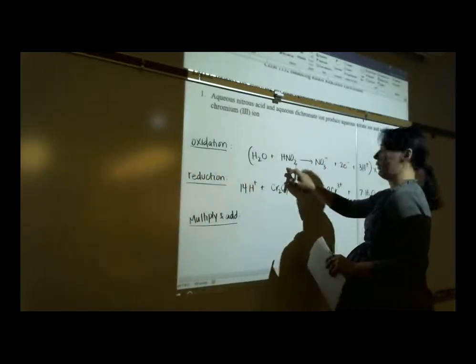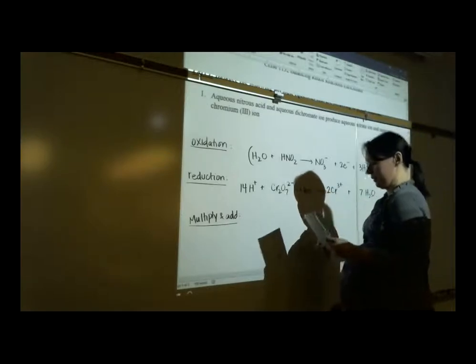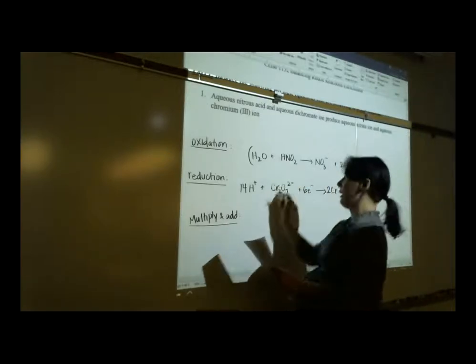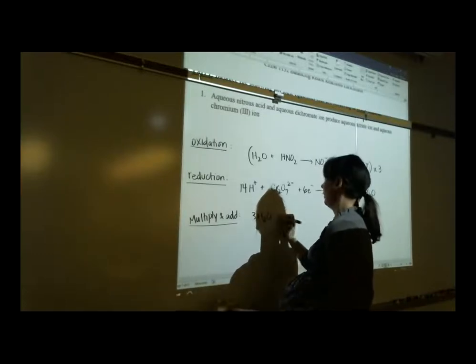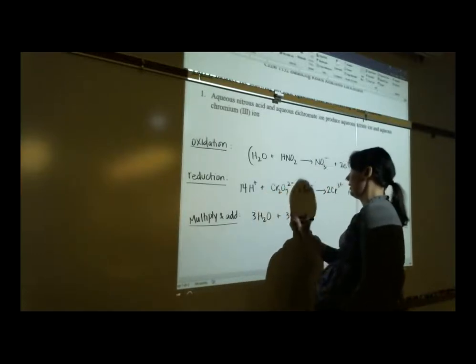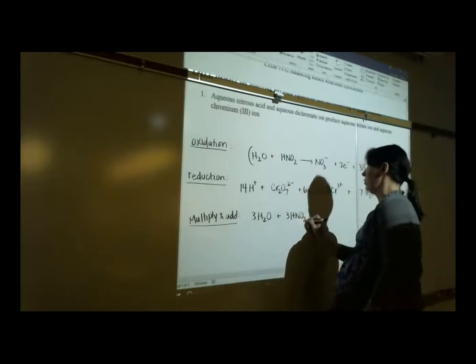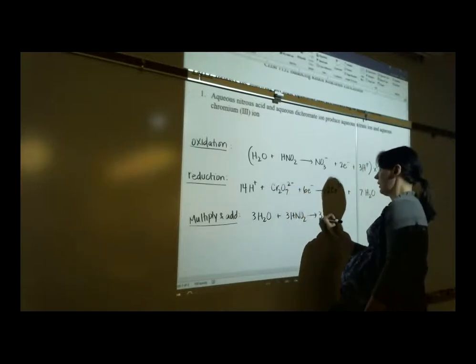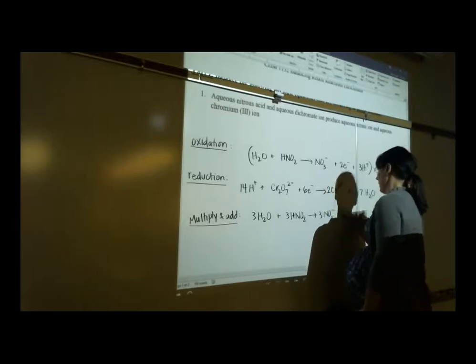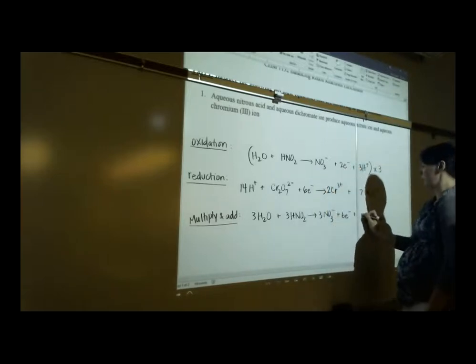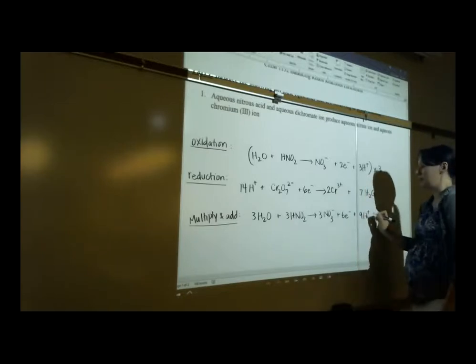I'm just going to rewrite this one for simplicity's sake, right? When I multiply this whole thing by 3, that gives me 3 H2O plus 3 HNO2 produces 3 NO3 minus plus 6 e minus plus 9 H plus, right?